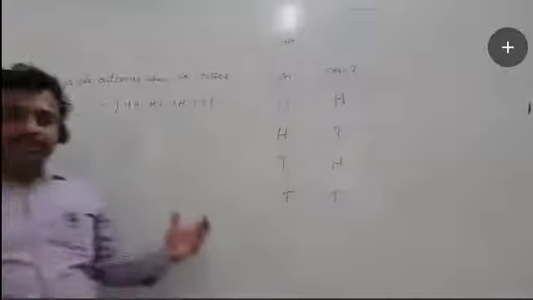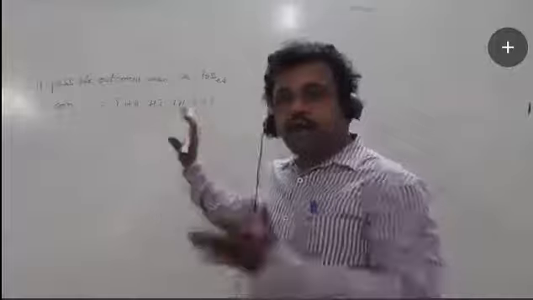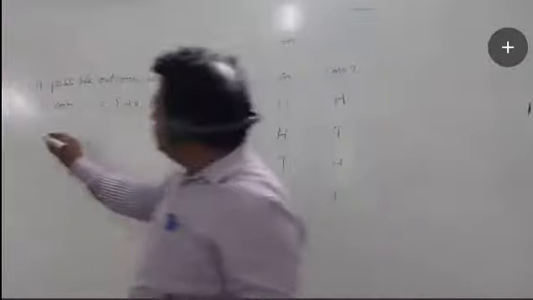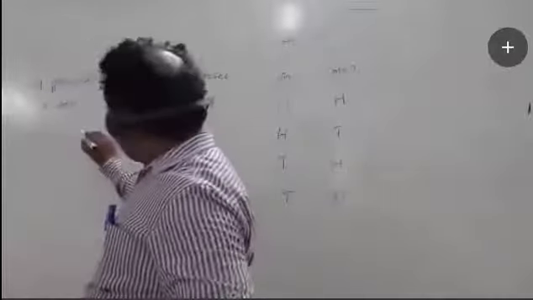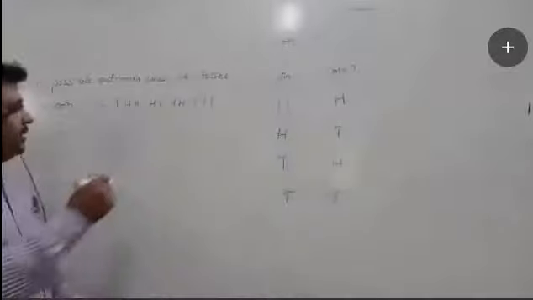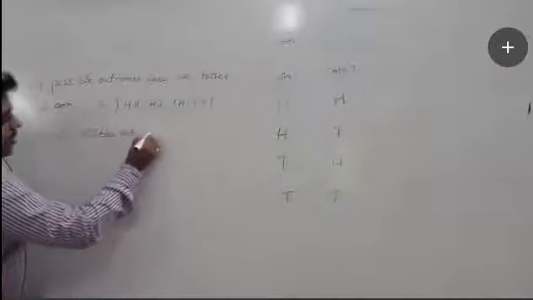Okay friends, these four are all possible outcomes. So the number of all possible outcomes, how many possible outcomes are there? Yes, four possible outcomes are there.